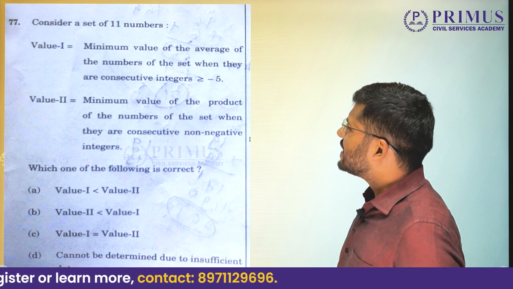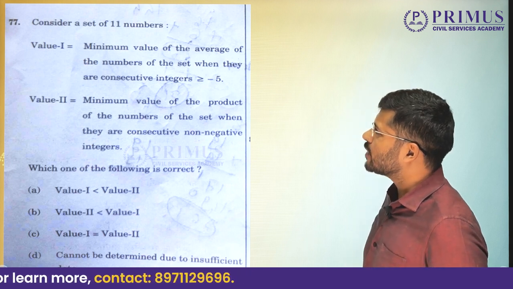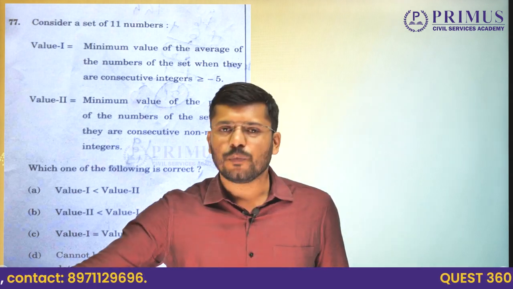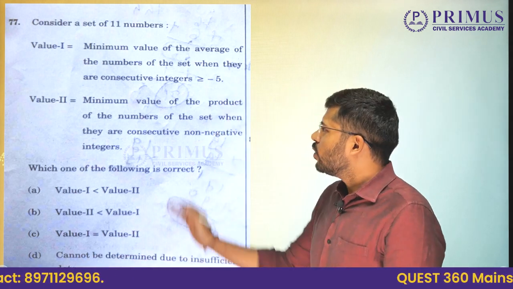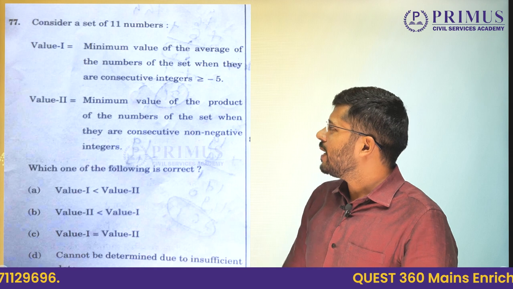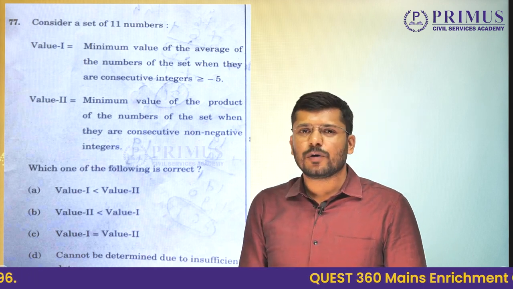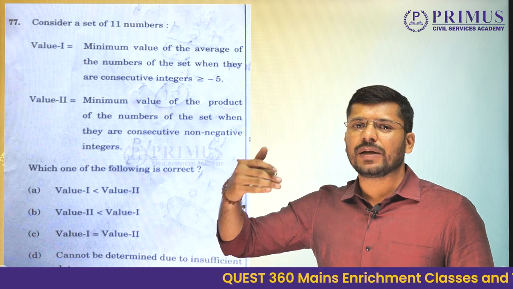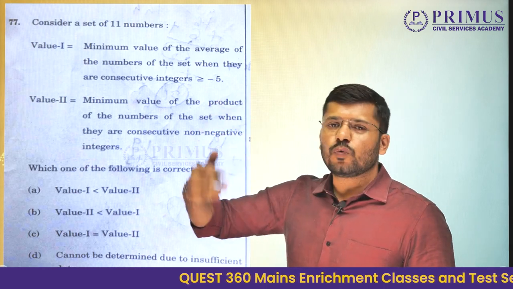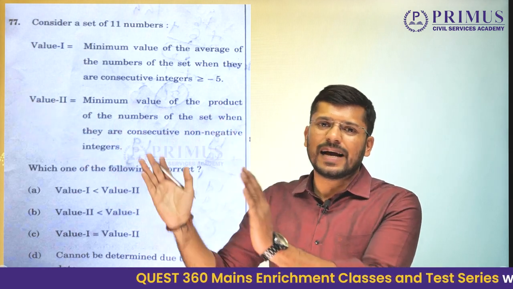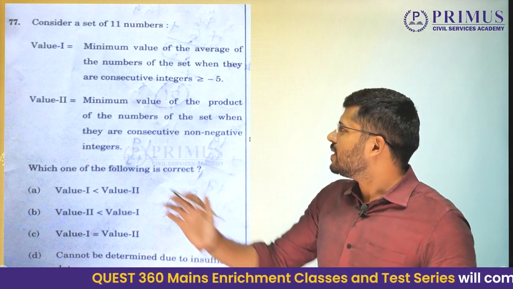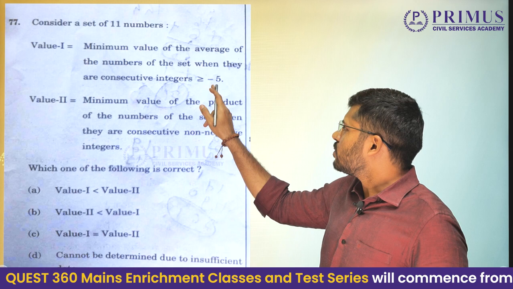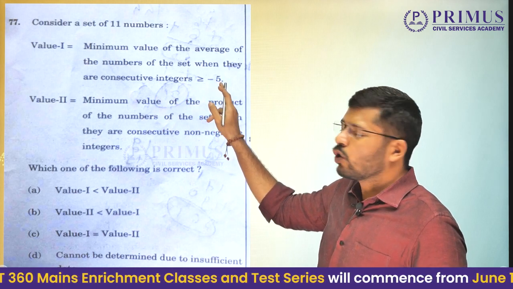When we want the average to be less, we will begin with the smallest numbers, because if you begin with 100, 101, 102, 103 up till 110, you will get a big average. So if you want a small average, they are asking us for the minimum value, we will begin with minus 5.